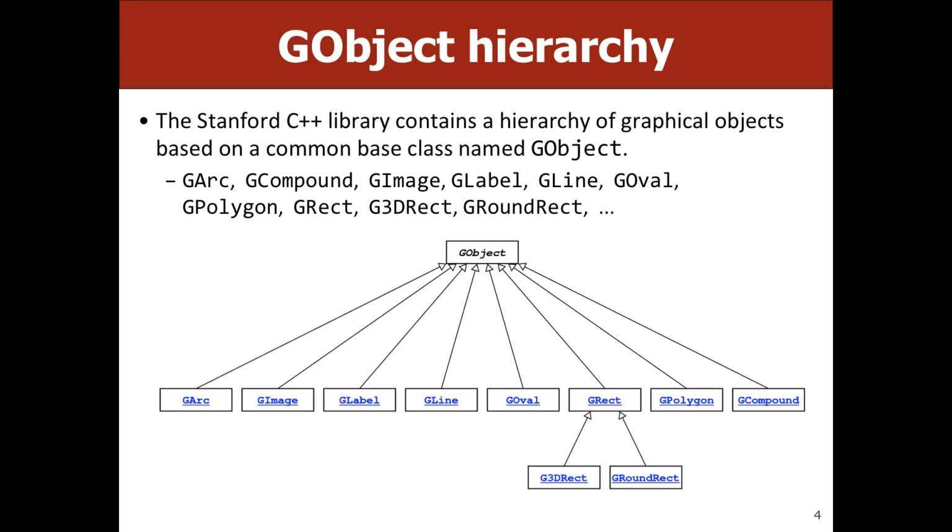Okay? An example of this would be the GObject family. You might have seen this in Java, right? But we also have these libraries in C++, and basically there are all these different types of graphics, like a GOval or GLine or GLabel. And then they're all different types of what we call GObjects.